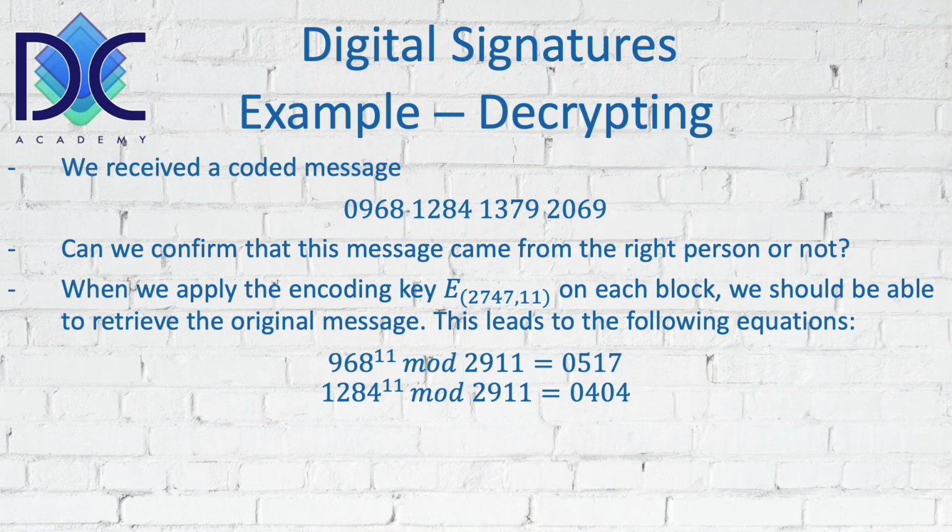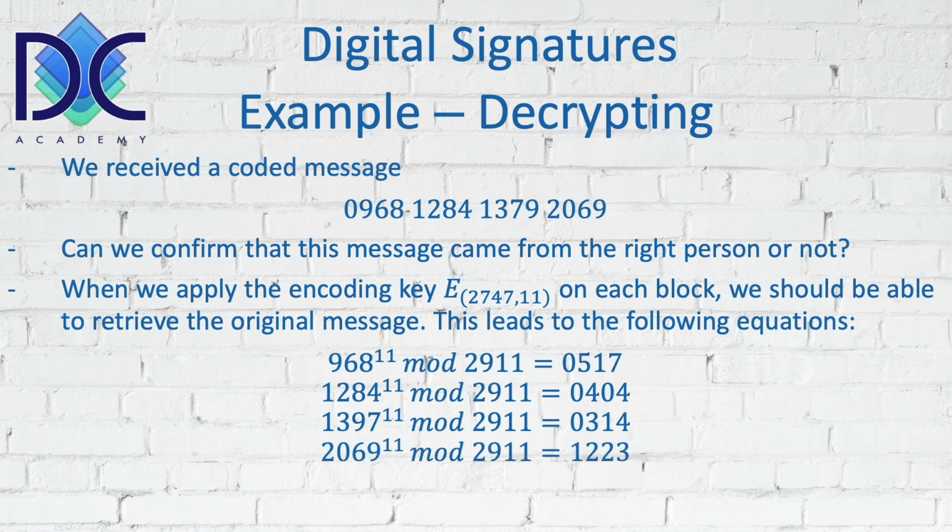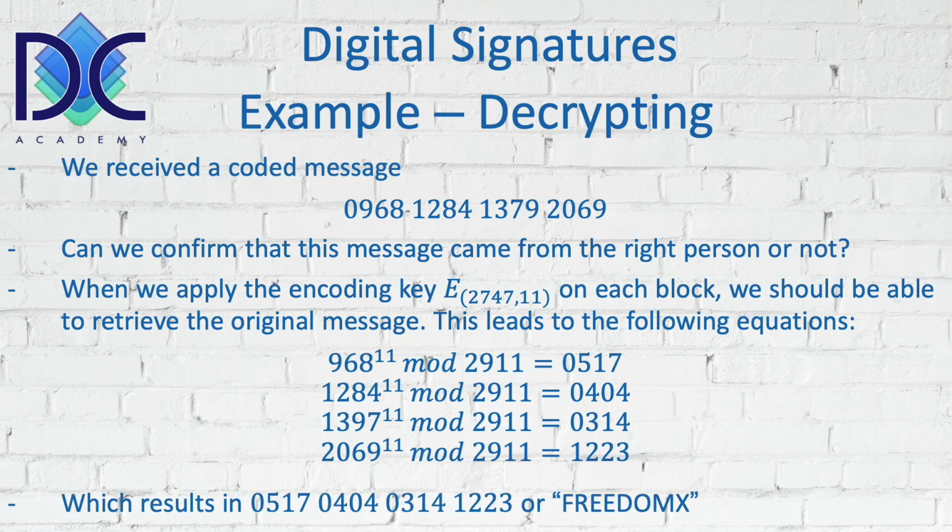We do the same for all those blocks and we find 0517, 0404, 0314, and 1223. And basically we find a result which is the original string, or it is freedom with an X and the X has no value. So basically the message that was sent was freedom.